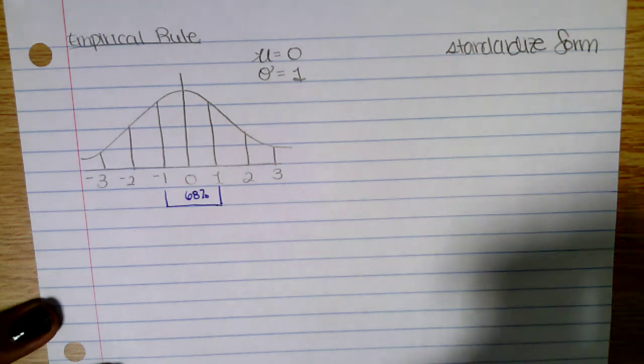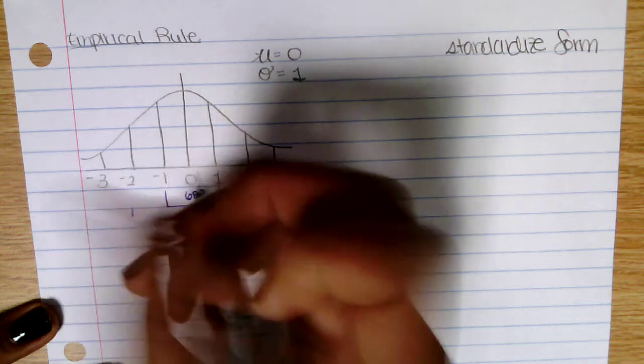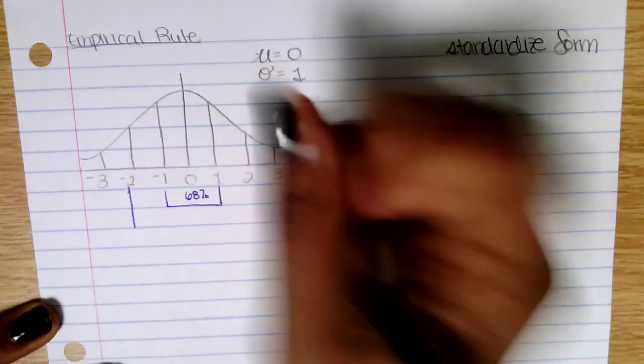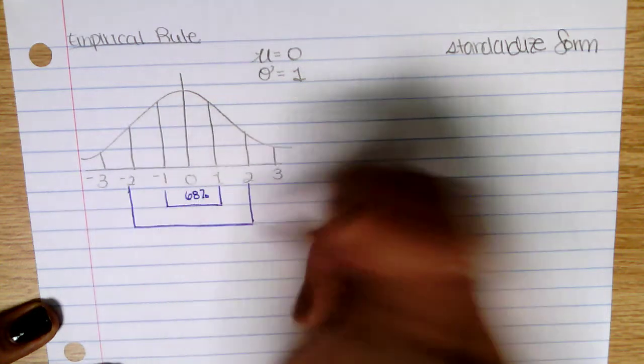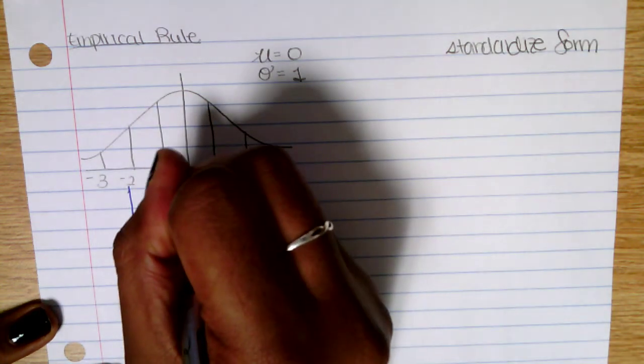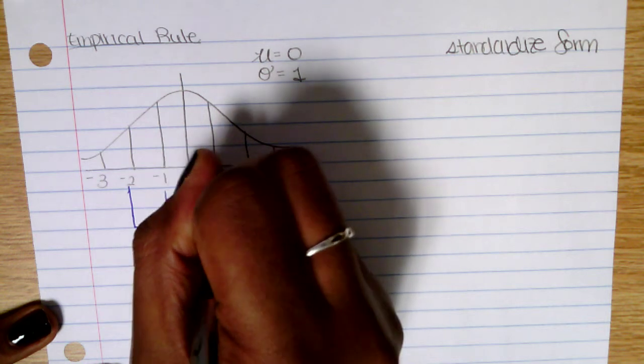And then it tells us that from 2 standard deviations away, on either side, we are going to have 95% of the data.